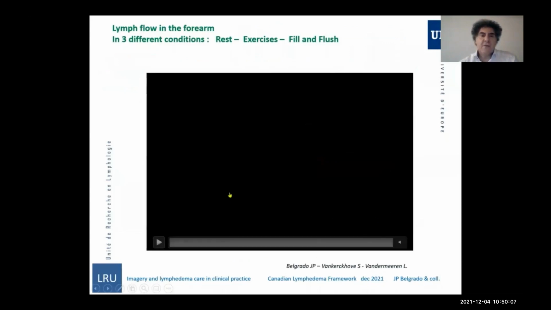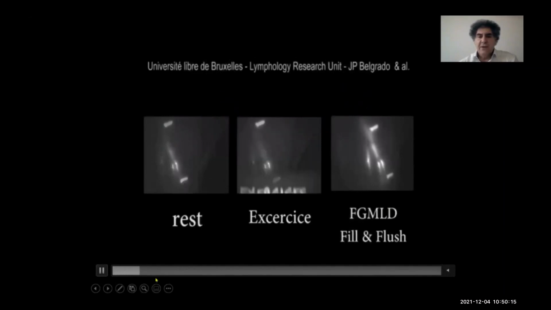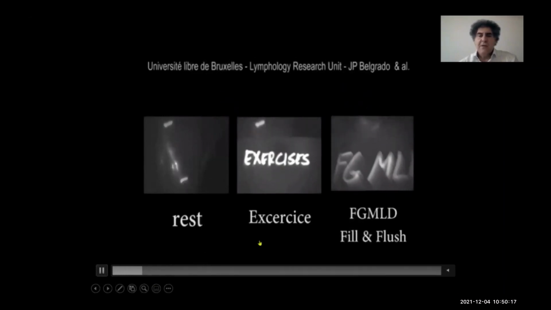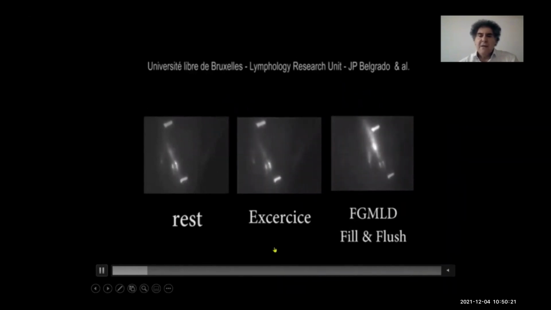Now, when we inject the dye, it's necessary to apply manual lymphatic drainage, the fill and flush, in order to fill the lymphatic networks and to highlight a maximum of collectors. I'll show you here in mirror image three situations with the same subject.